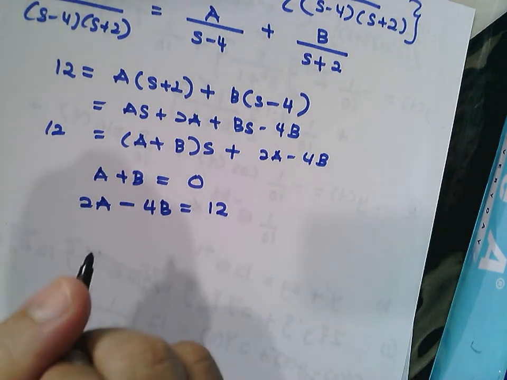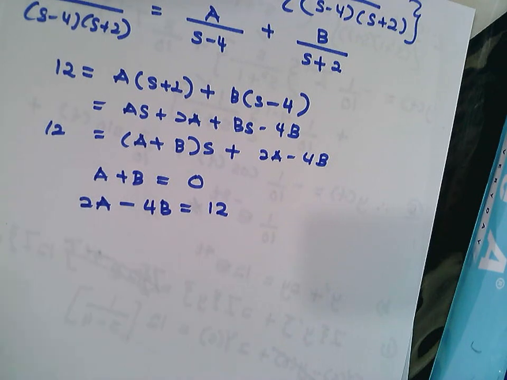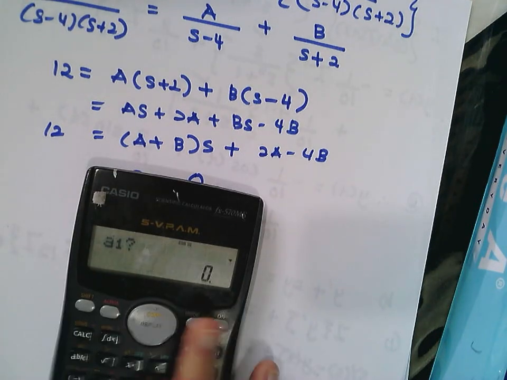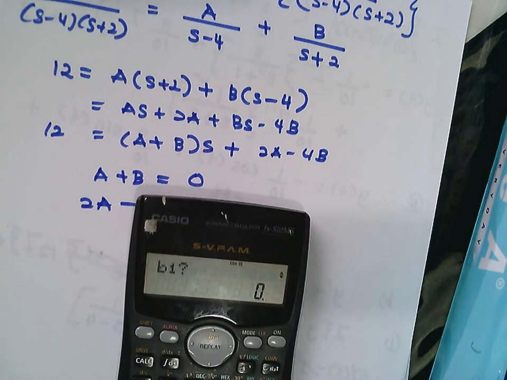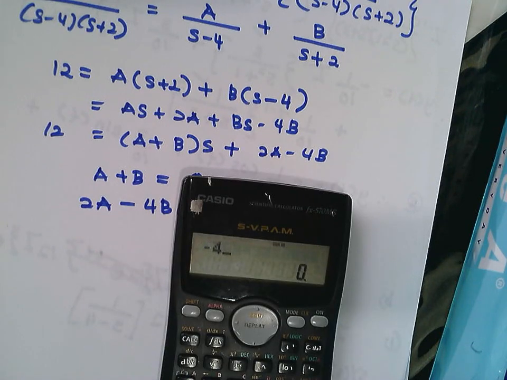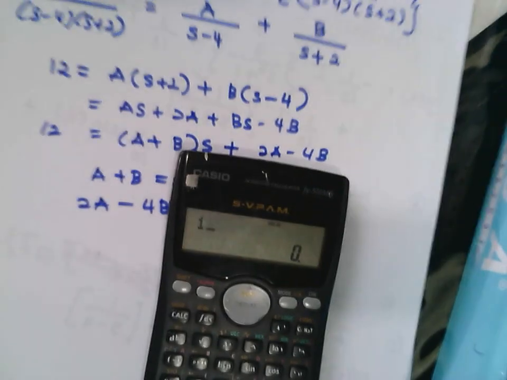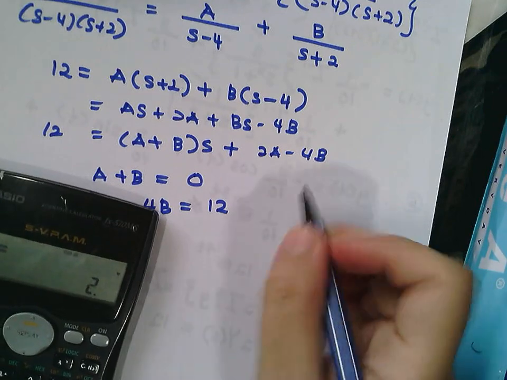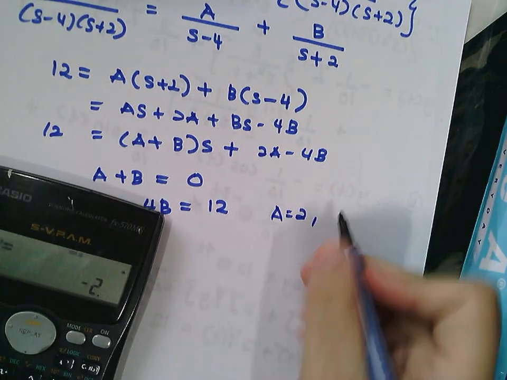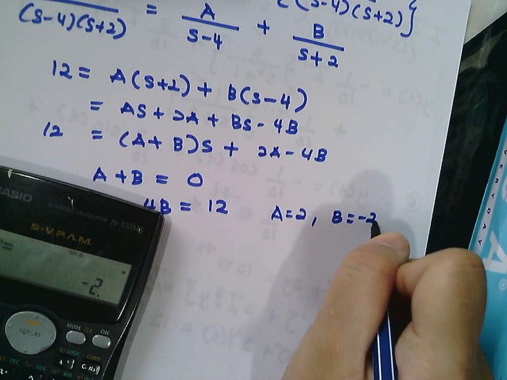So by using your calculator here, your unknown is 2. So the first equation will be 1, 1 and 0, and the second one will be 2, negative 4 and 12. So therefore, your A is equals to 2 and your B is equals to negative 2.